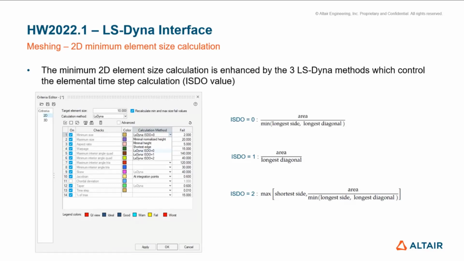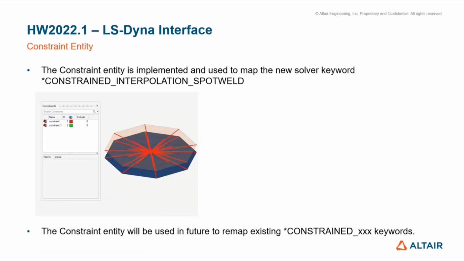This is very important because the method you use for your simulation has a direct impact on the elemental time step and of course on the simulation results at the end. So from the beginning, you can set up the correct calculation method when you start meshing, and in that case have the correct behavior at the end for the simulation.